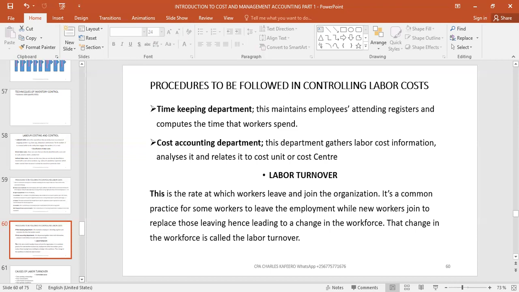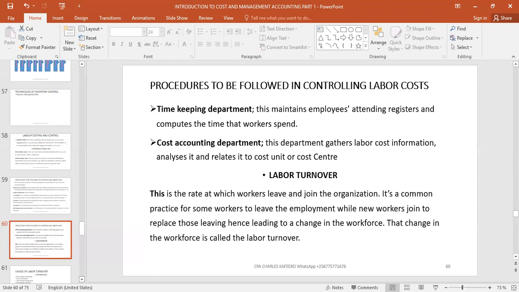In the same way, other organizations will be receiving the people who've left somewhere. But as I said, that change in the workforce is what we call labor turnover. What we are trying to look at is the rate, or to what extent people are leaving the organization.